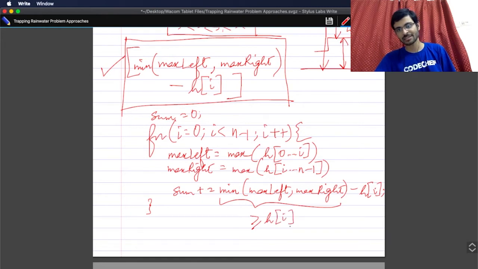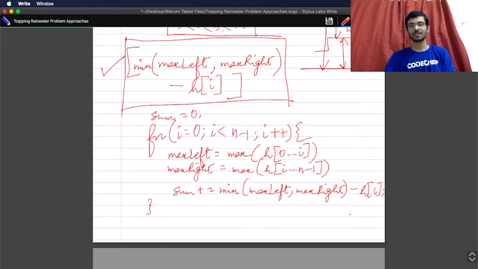So when I subtract it, this will be greater than or equal to 0 always. So if it happens that you are sitting at the tallest tower, then your surroundings can't help you to store any water. In that case, we'll get 0 over here. Make sense? Okay. Even if towards your left you have something very big, but towards your right everything is smaller or of the same height, then you can't store anything. That water will flow away from the right or whichever direction is low, right?